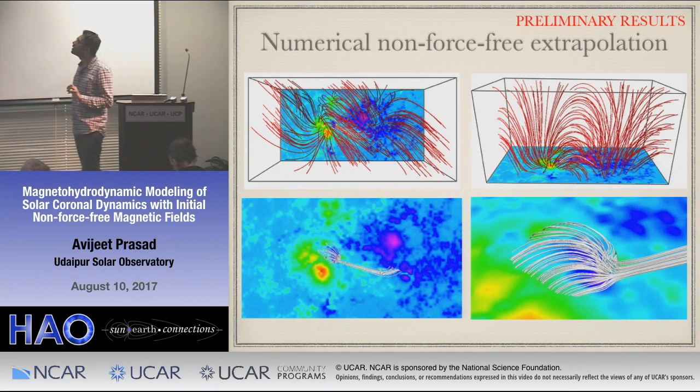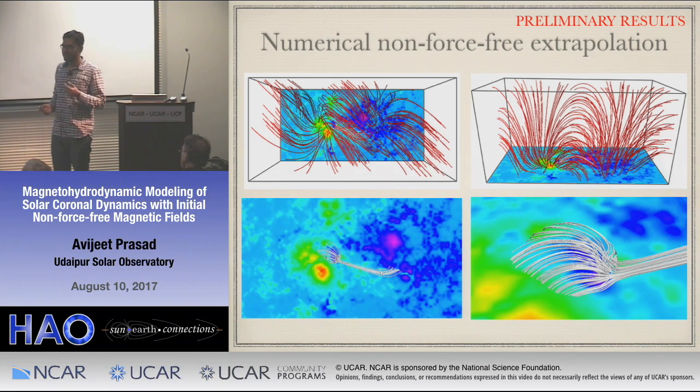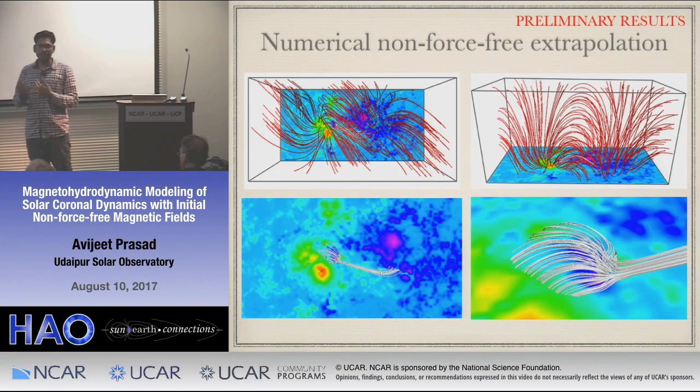So, here are some preliminary results. Actually, I got this result only a week before coming to the heliophysics summer school, so I don't have all the details, just the initial. The top panel shows the extrapolated non-force free magnetic field over the entire domain of this magnetogram.